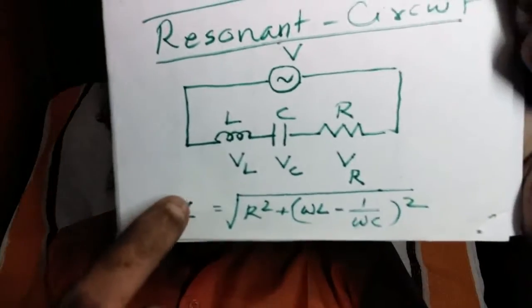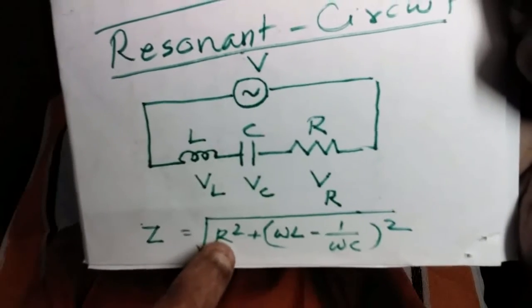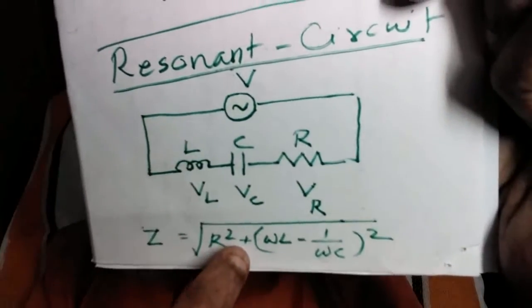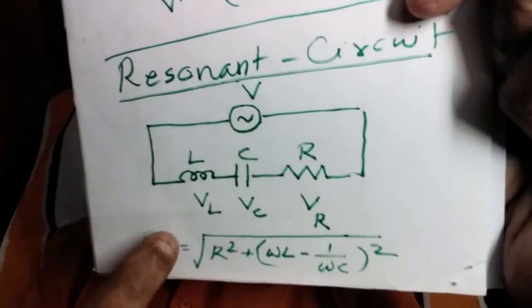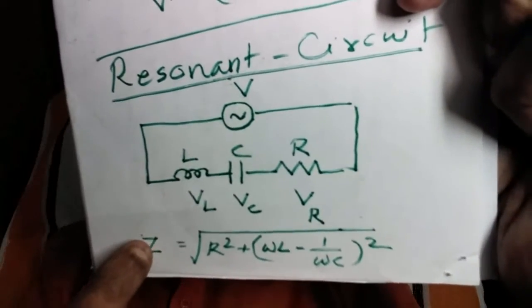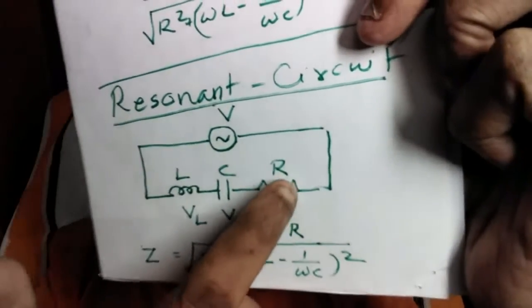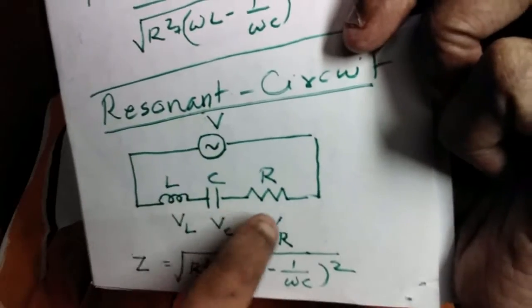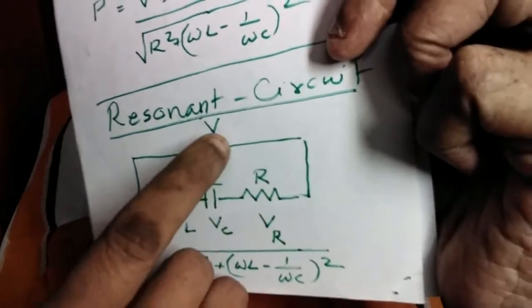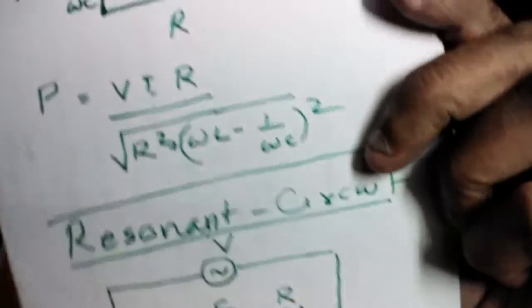Then Z equals square root of R square, or Z equals R. That is, Z is a minimum because its factor is 0, and the minimum value of impedance is equal to the resistance in the circuit. Reactances of these two elements cancel each other, and total impedance of the circuit reduces to R.